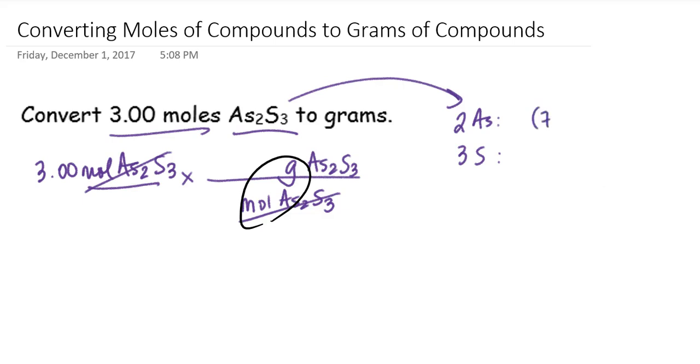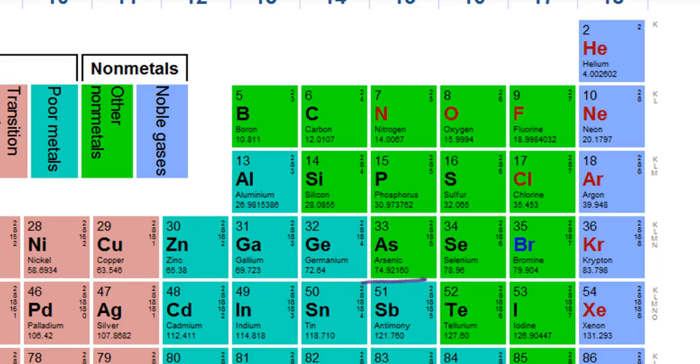So that would be 74.92 grams per mole, and I'm going to multiply that by 2, since there are 2 atoms of arsenic in this compound. Now, in terms of sulfur, I will have to multiply sulfur's molar mass by 3 since there are 3 sulfur atoms. I'll consult my periodic table again, and I can see that the molar mass for sulfur is 32.07 grams per mole.